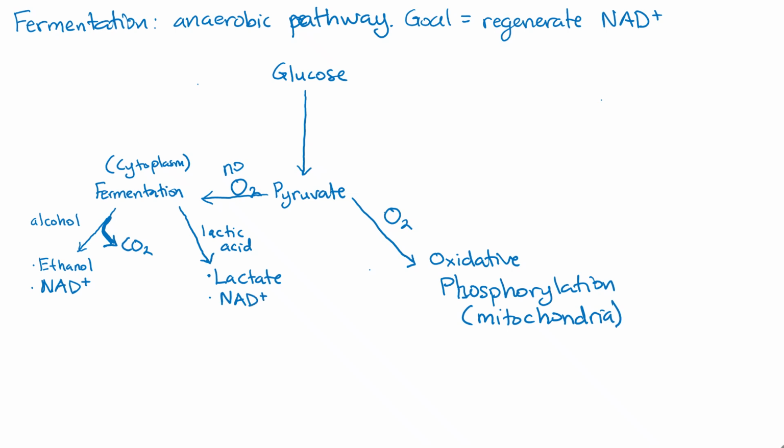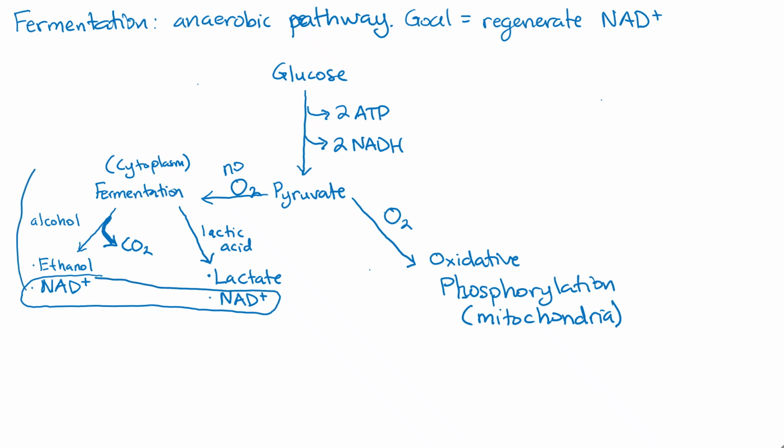Okay. Why is that NAD+ important? In glycolysis, we know 2 ATP are produced, and also 2 NADH are produced. But again, to drive that NADH production, NAD+ must be present.